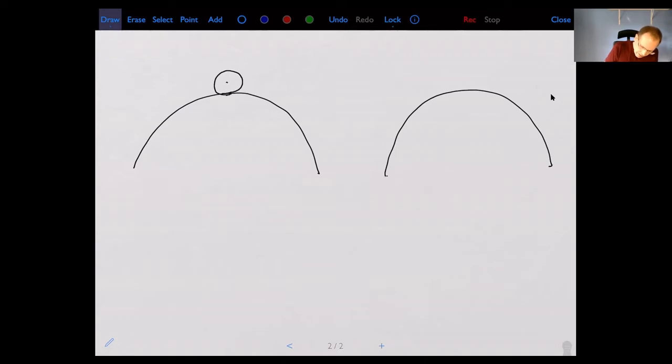And in the second case, we have the ball rolling underneath. So that would be like the loop. And we want to know what's going on right when it's at the peak of that curve. So first of all, what are the forces acting on the ball at the peak of the curve? Well, we have the weight of the ball, and it's going to be like a steel marble in this case. So the weight acts down.